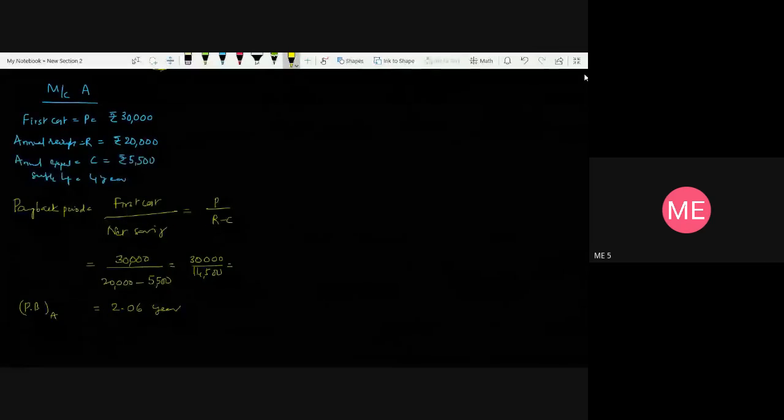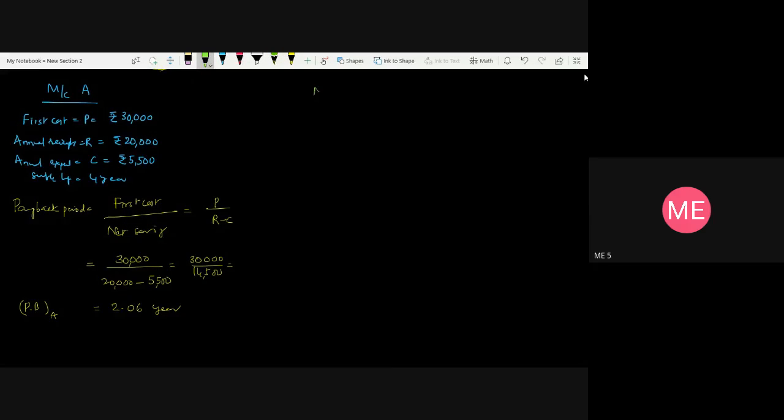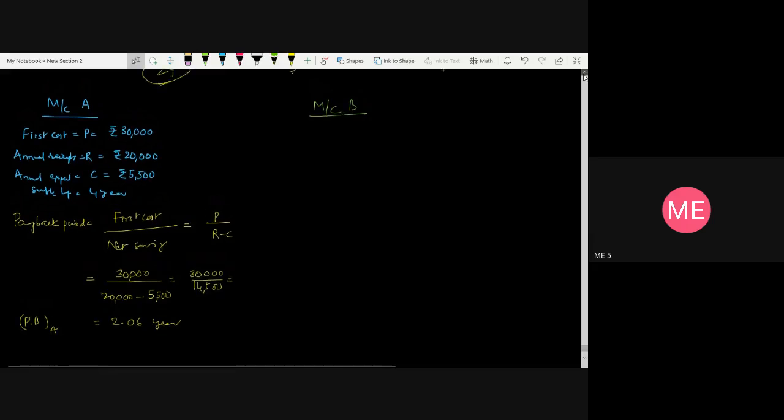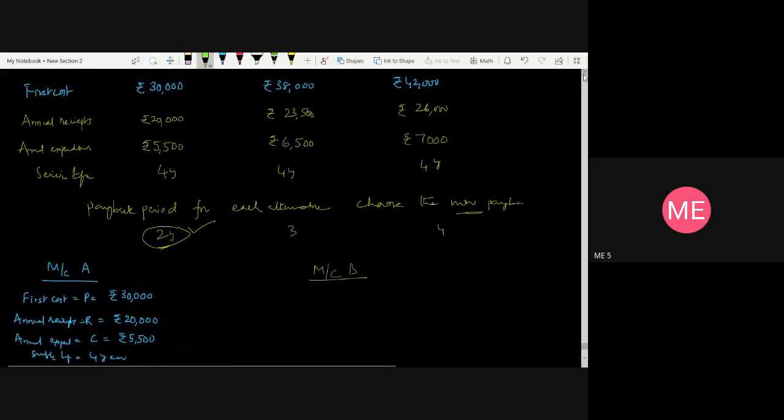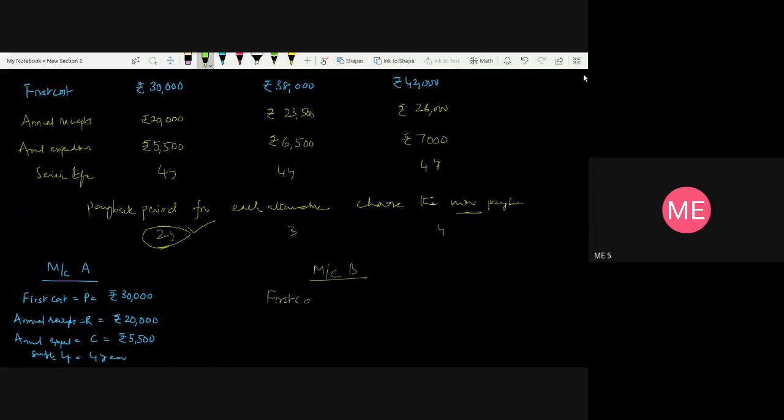Similarly, I'll go for calculating machine B. Machine B has the first cost, P, of rupees 38,000. And what is the receipts or revenue? Annual receipts or revenue is given as rupees 23,500.